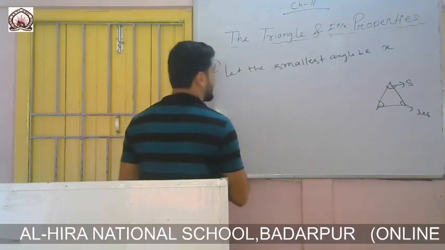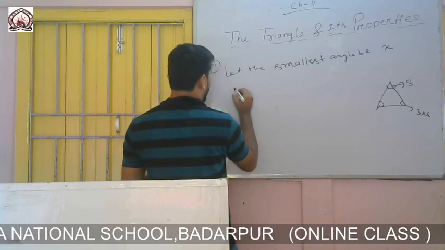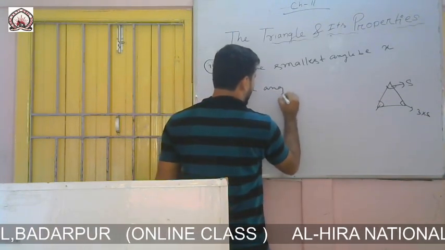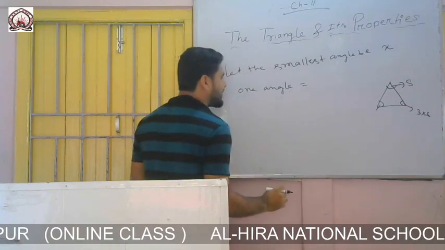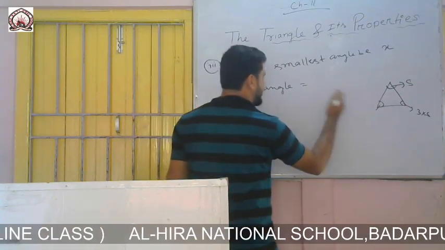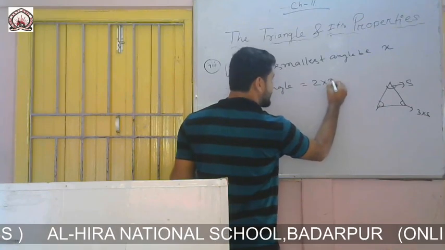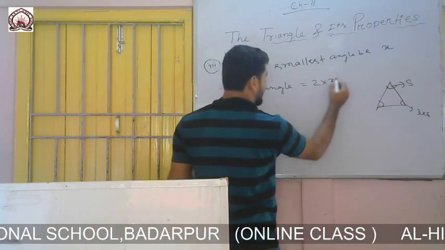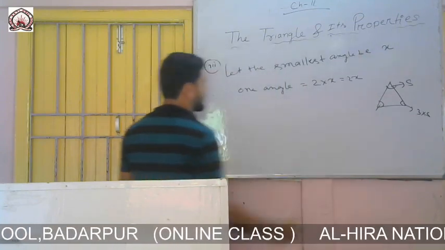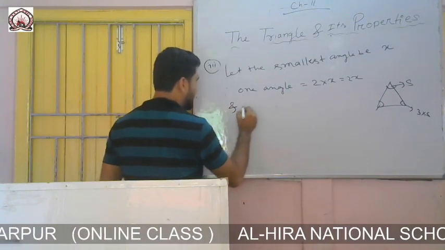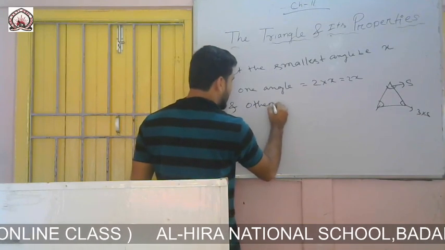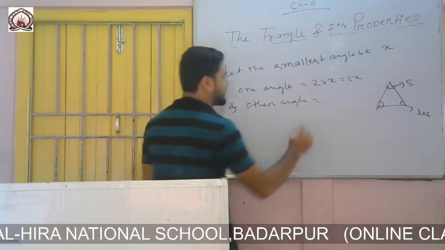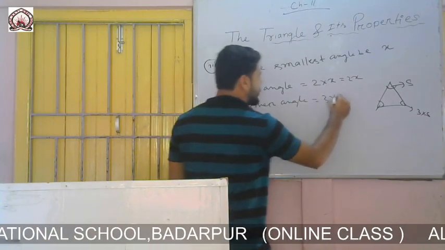Therefore one angle will be twice the smallest angle. Now the smallest angle we have let it be x, so it will become twice x. And the other angle is 3 times the smallest angle.